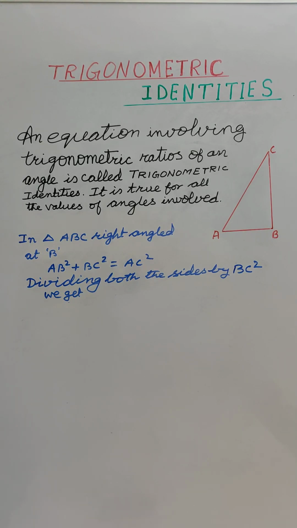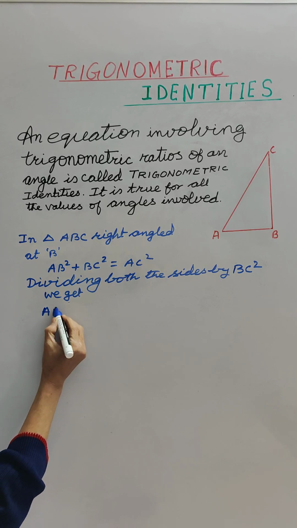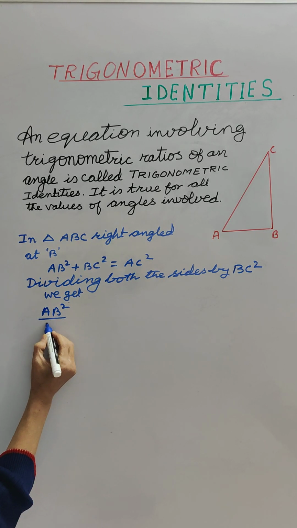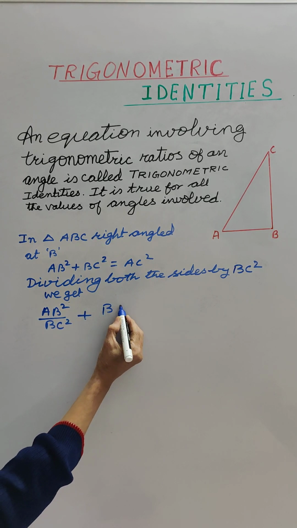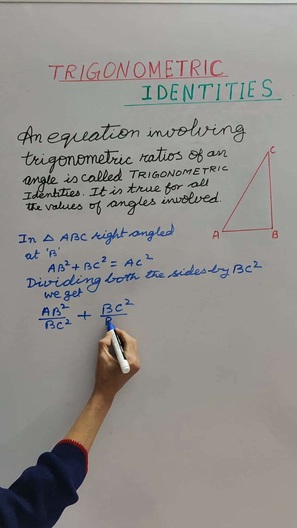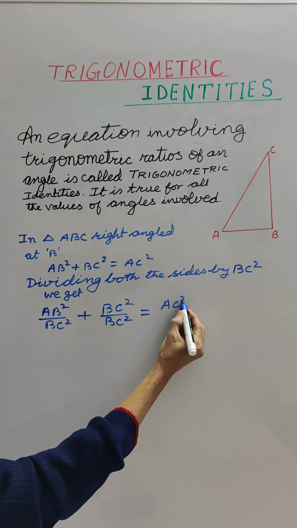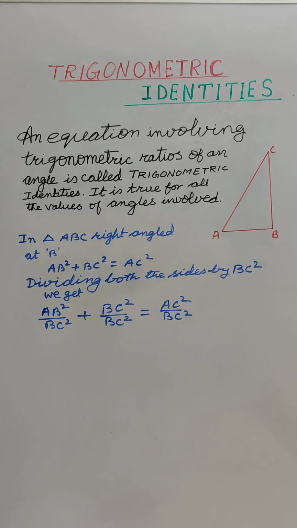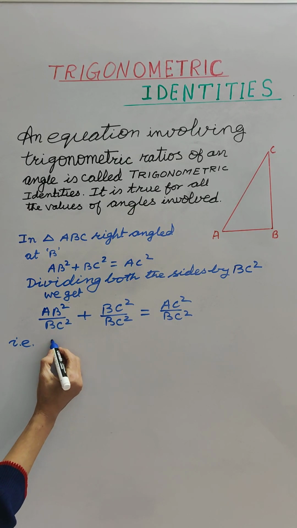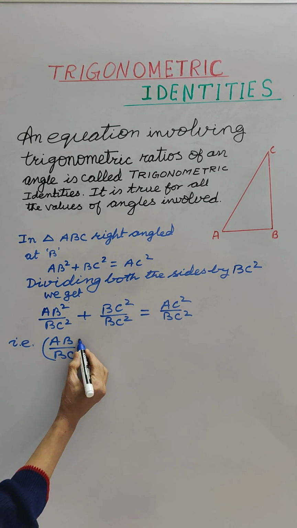Now we get AB square upon BC square plus BC square upon BC square is equal to AC square upon BC square, or AB upon BC whole square.